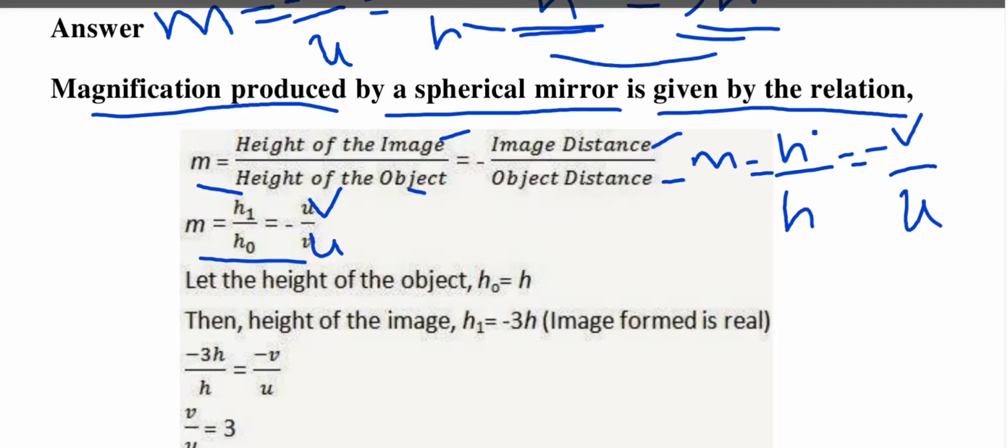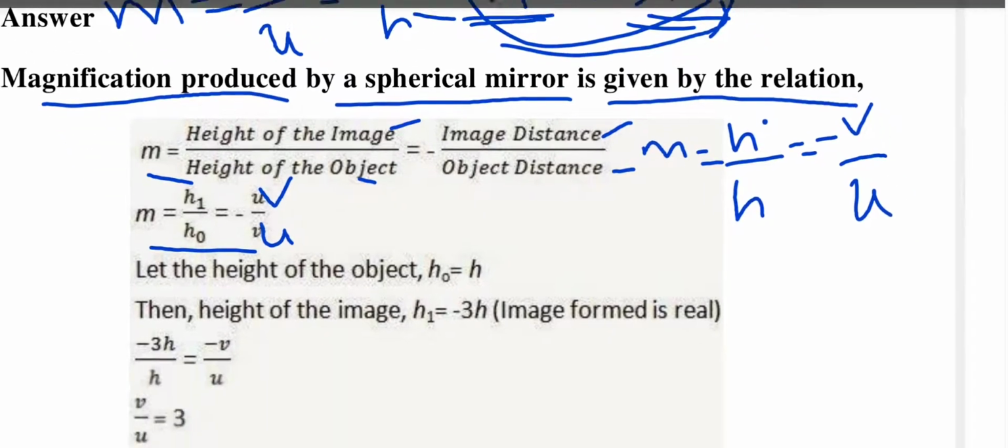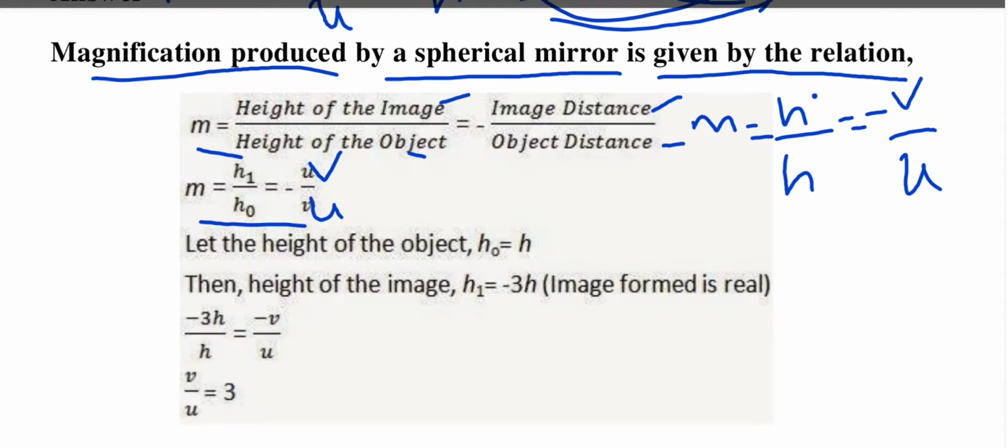So we know what h prime is. h prime is 3 times the size of the object. Substituting that h prime here, m will be equal to 3h divided by h.